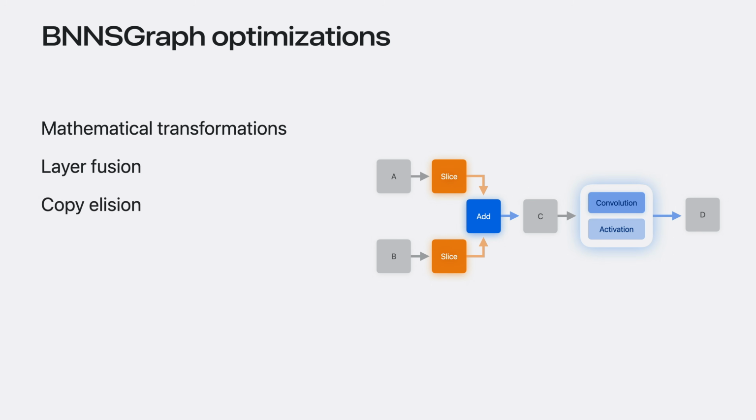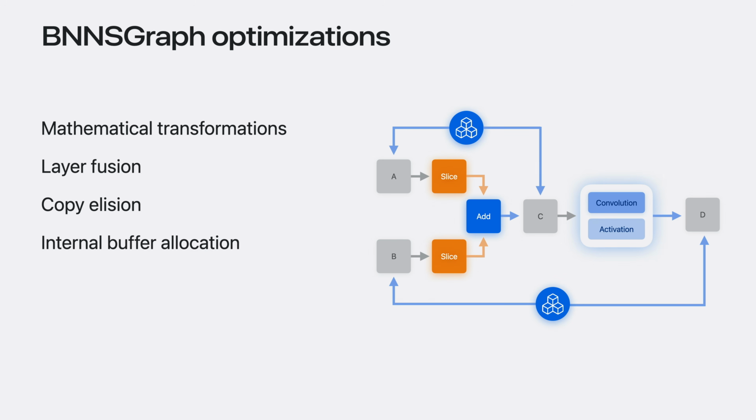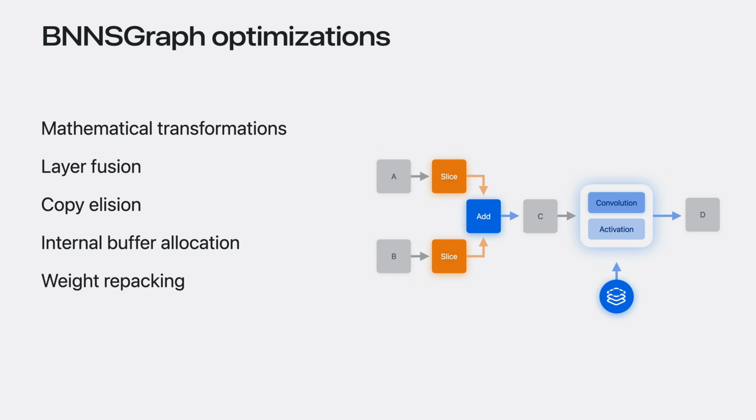And copy elision avoids copying the data in a slice by referencing that subset of data instead. And by ensuring tensors share memory where possible, BNNSGraph optimizes memory usage and eliminates unnecessary allocations. Finally, BNNSGraph's weight repacking optimizations can repack weights to provide better cache locality. You don't need to write any code to benefit from these optimizations. They happen just like that.